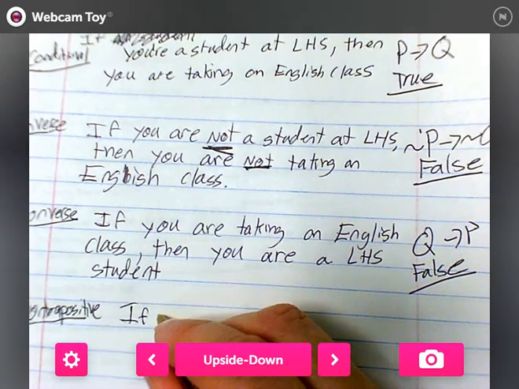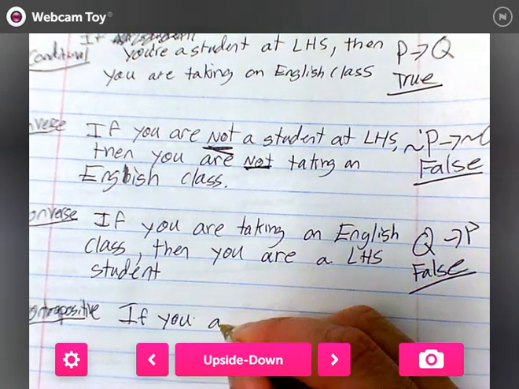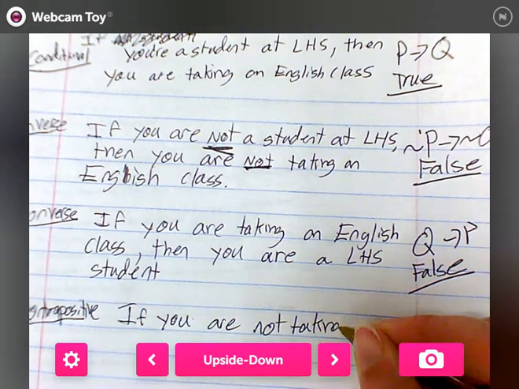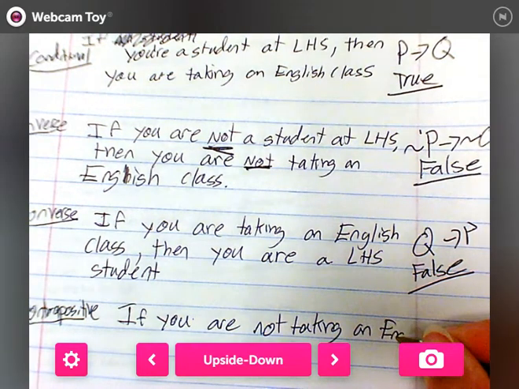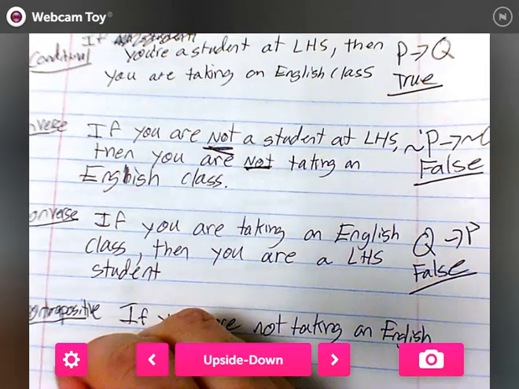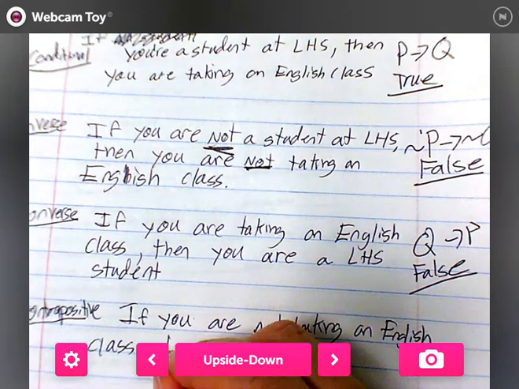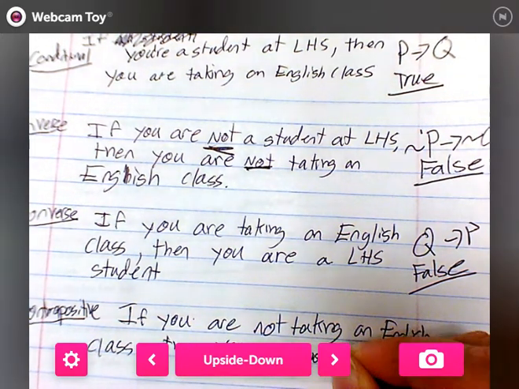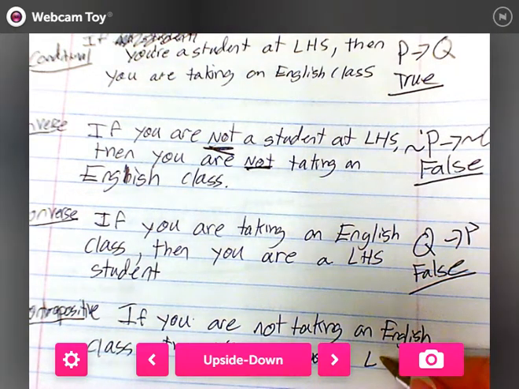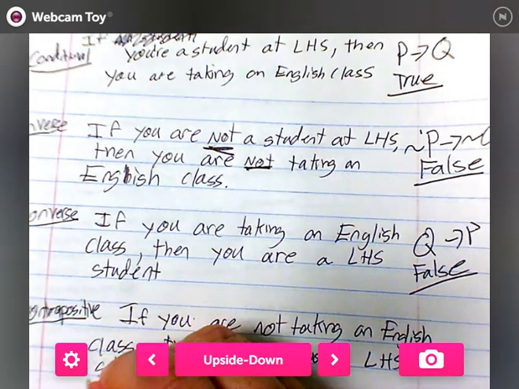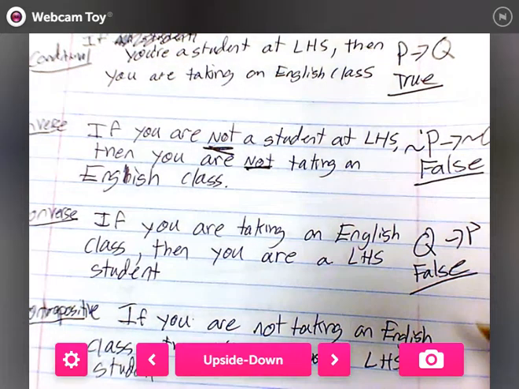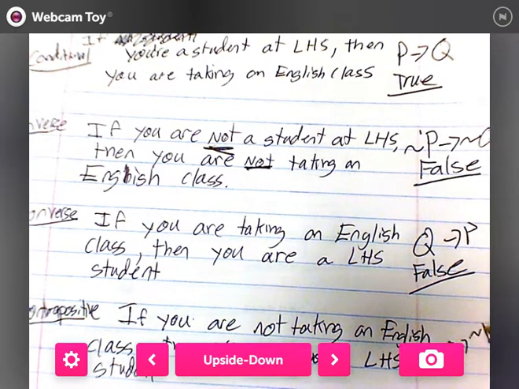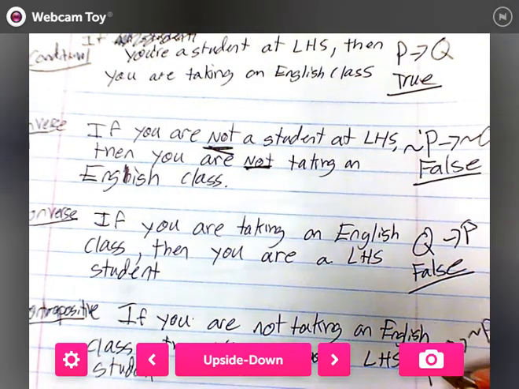Okay, contrapositive. If you are not taking an English class, then you are not a LHS student. And that is not Q to not P, and it is false.